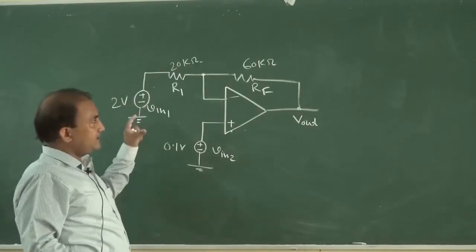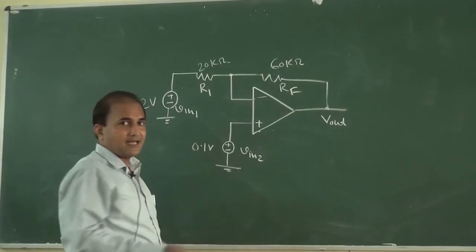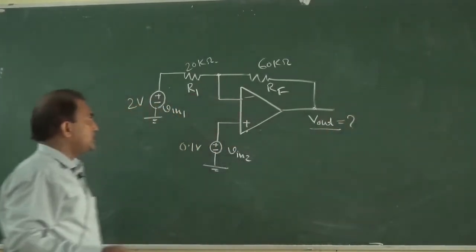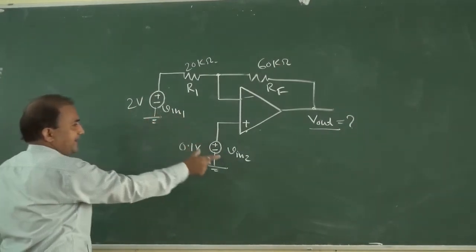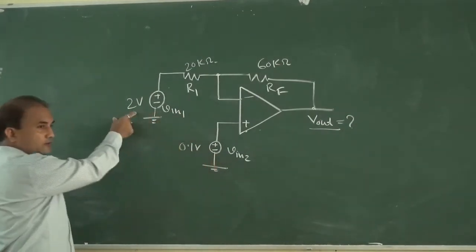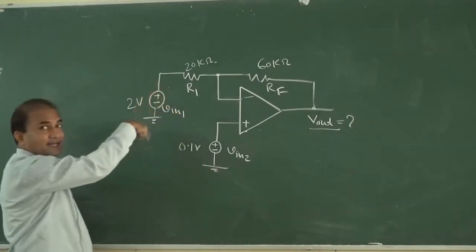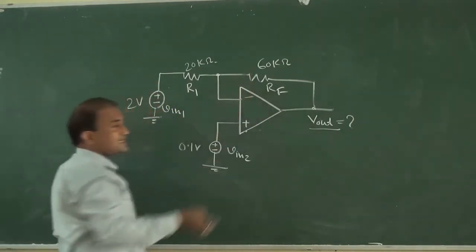Now we will see this circuit. How can we determine V output for this circuit? Here we have V in 1 and V in 2. V in 1 is 2 volt, V in 2 is 0.1 volt, R1 is 20 kilo ohm, Rf is 60 kilo ohm.